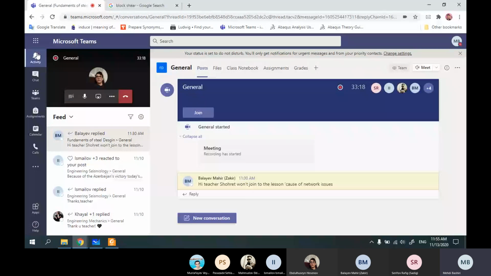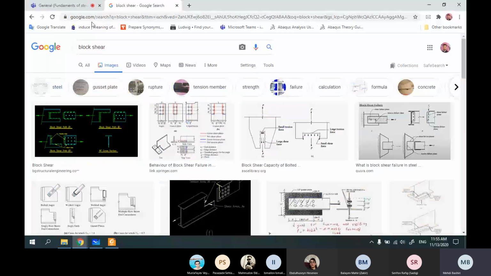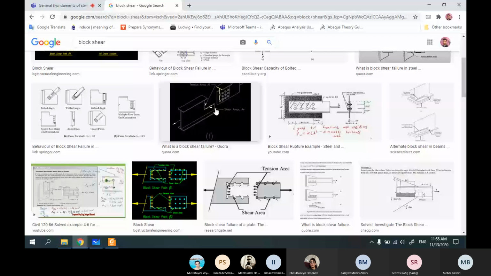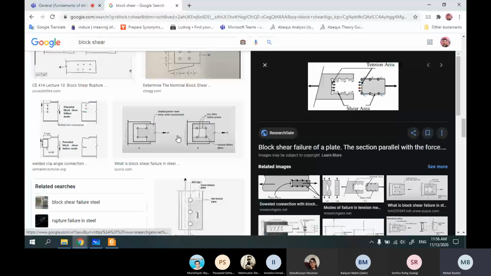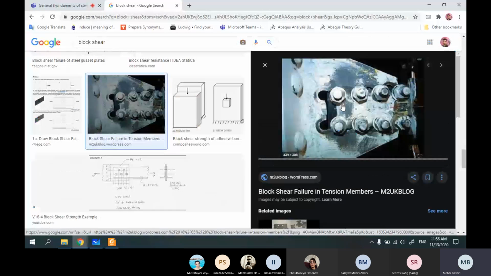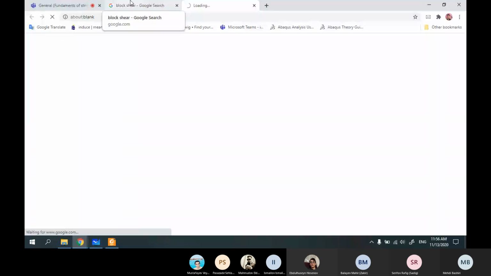Block shear. This is block shear. What is this? Doesn't work. This one is good. This is called block shear. Can you see it properly?